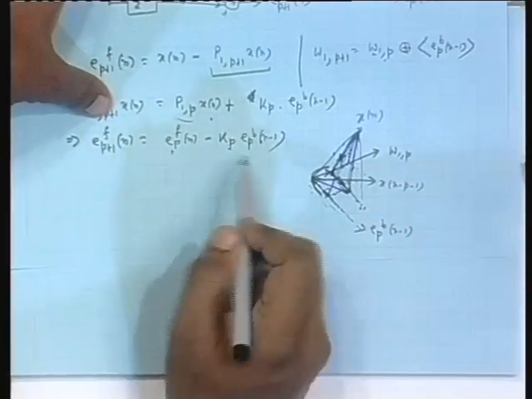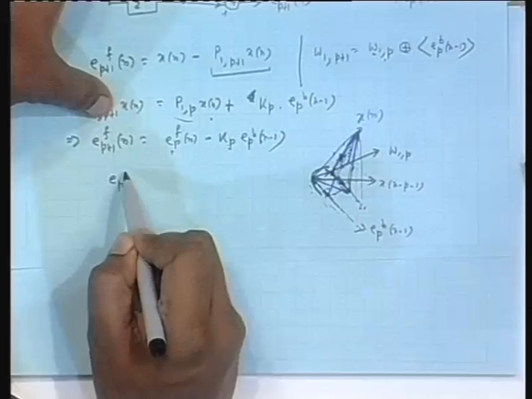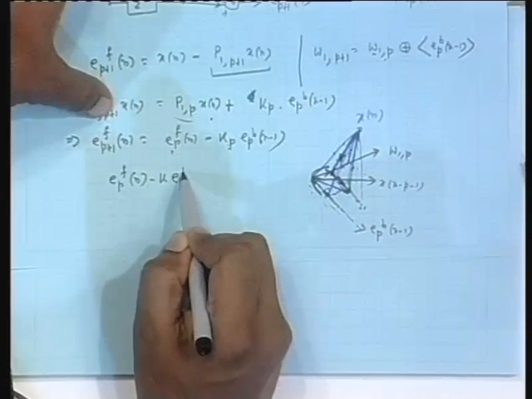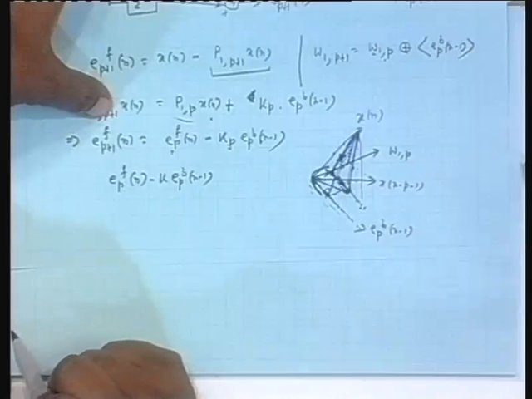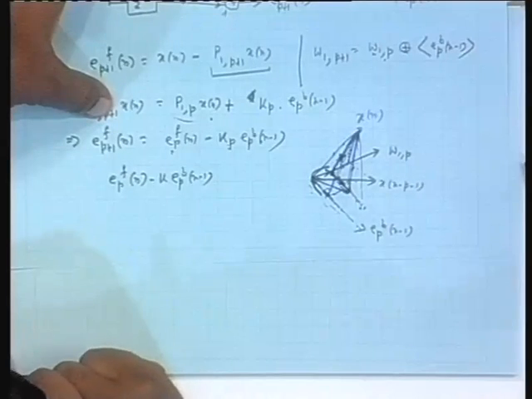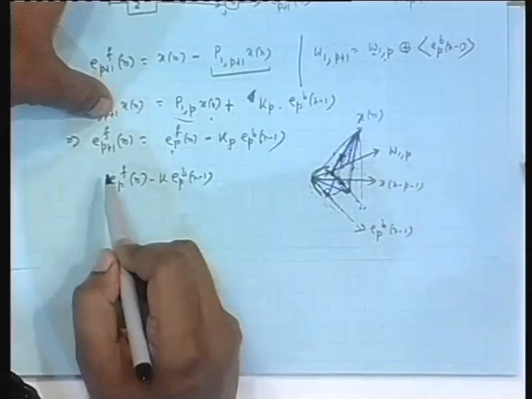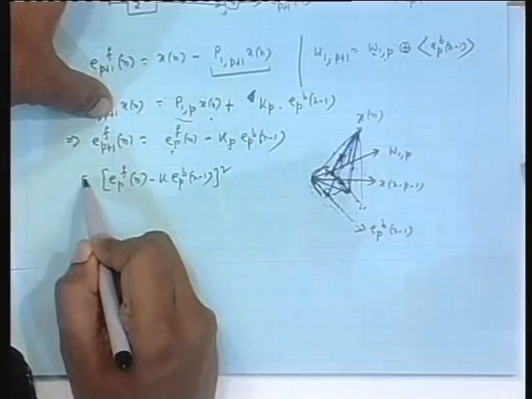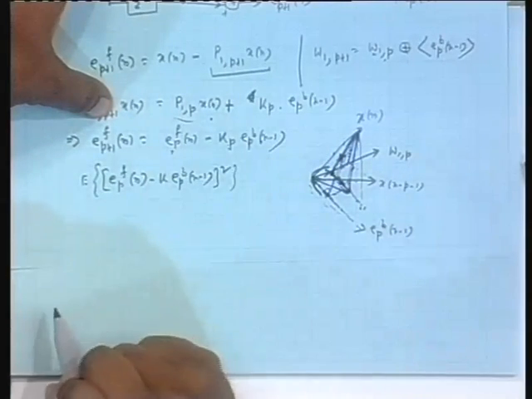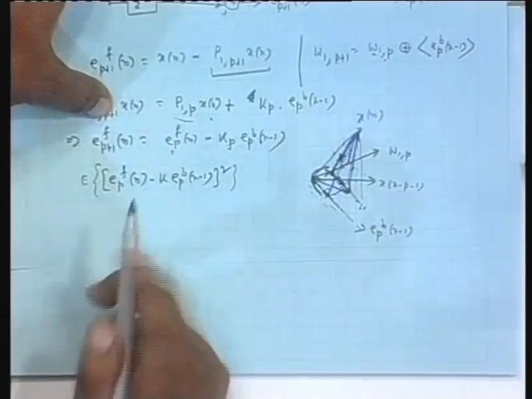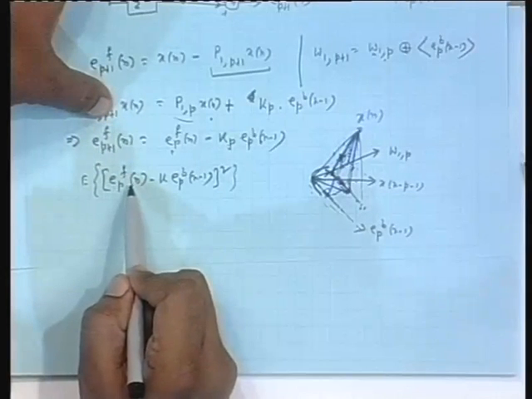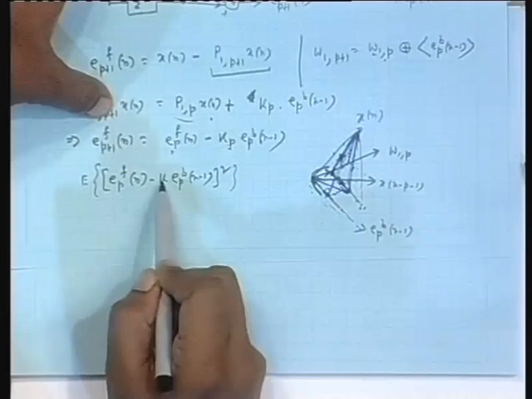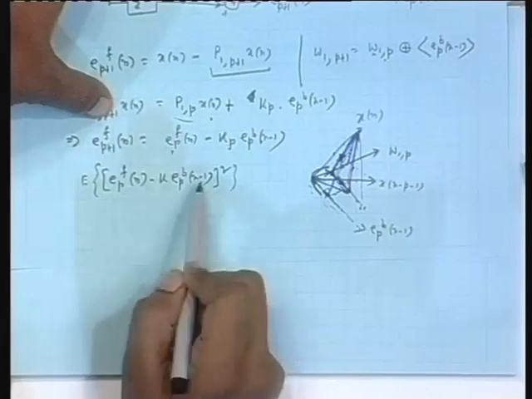If I now consider a case like this, EPFN minus general k, and take the norm square, means all are real, so just square it up, and take the expectation. What will you get? Because of stationarity, you will have sigma pf square, a k square term will come with sigma pb square, and another minus twice k times this correlation, then expected value.